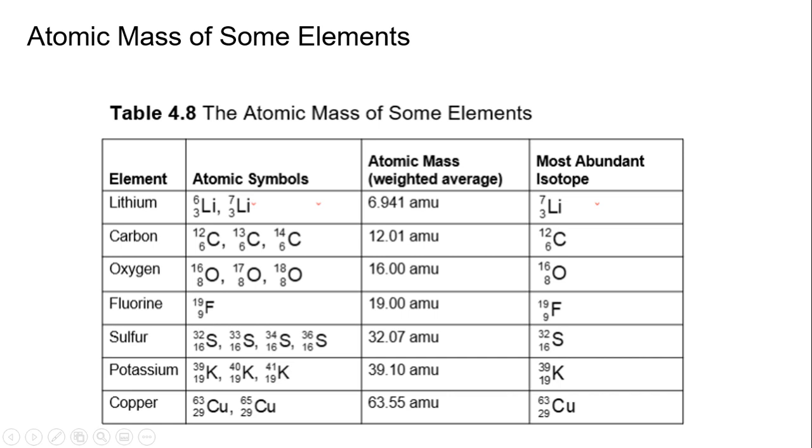So without even knowing the percent abundance, you know that this one dominates because the mass is more towards this one. Carbon has an atomic mass of 12.01. So what you see on the periodic table matches this isotope. So this means that this isotope makes up almost everything, and the percentages here have to be so little that they make only a 0.1 impact on here.